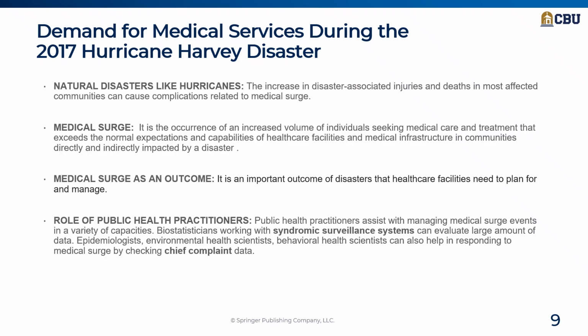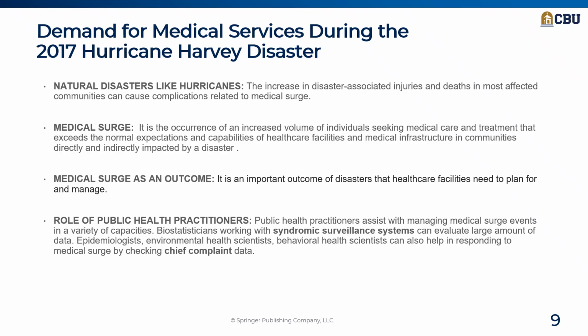And here we're talking about medical surge as a major public health issue. So hurricanes can cause widespread injuries, illness, and death, and overwhelm the local healthcare systems. The surge happens when the number of people seeking care suddenly exceeds what hospitals and medical infrastructure are designed for.